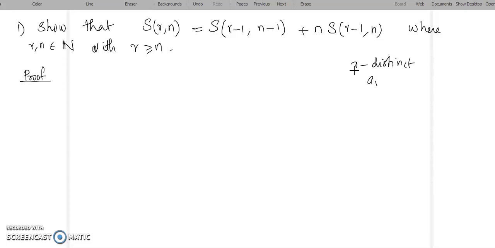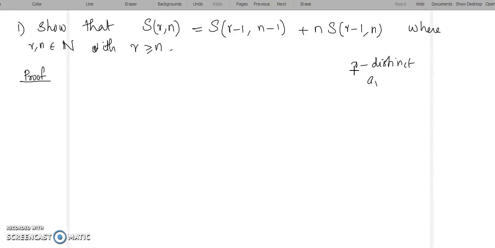The first case is A1 is the only object in a box, and the second is A1 comes along with other objects. So there can be distributions where A1 is the only object in a box, and distributions where A1 is mixed with the others in a box.